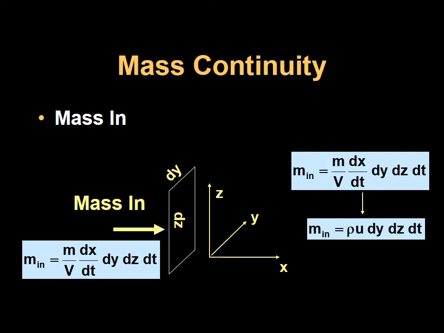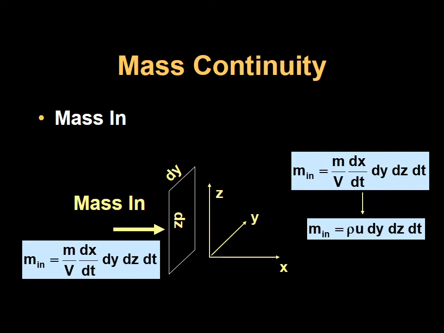Whenever we look at the atmosphere, it's hard to measure mass, and it's pretty hard to measure density, but density is one of the terms in our equation, so we're going to use density, which is mass divided by volume. And finally, this is all occurring over a period of time. We want to see how much air is moving through that side over a period of time. That's where your dt comes from.